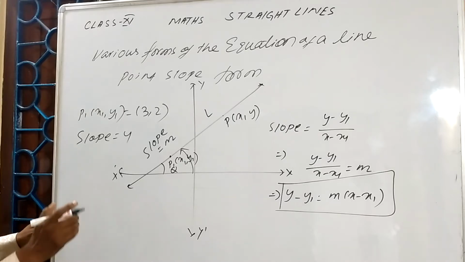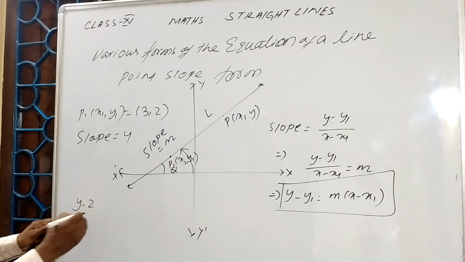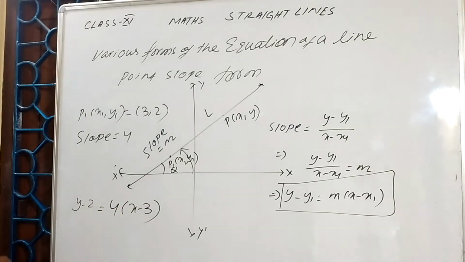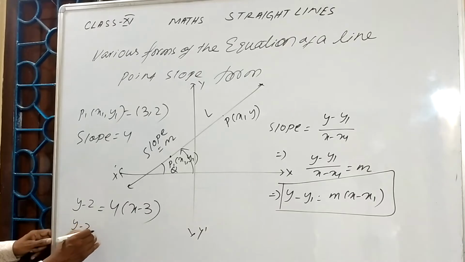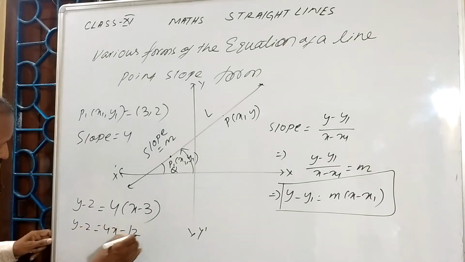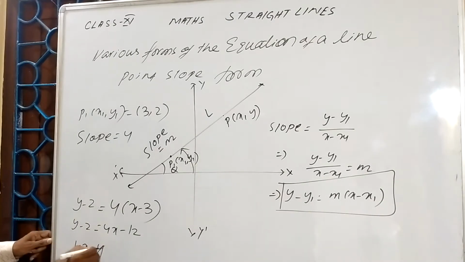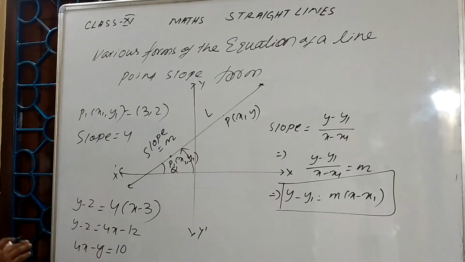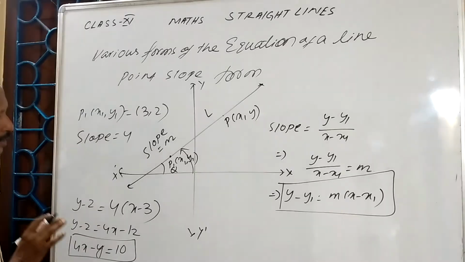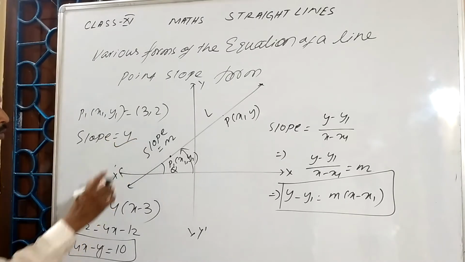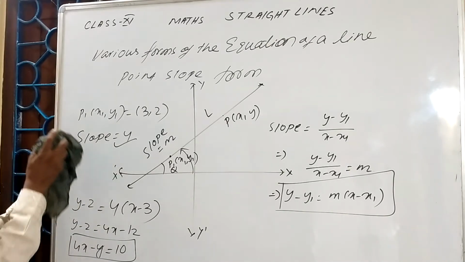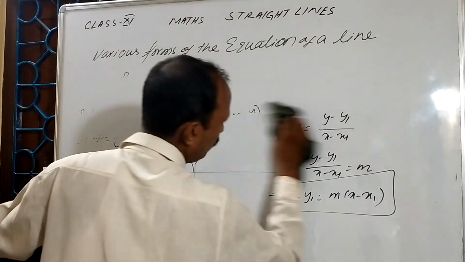The equation of the line will be y minus 2 is equal to 4 into x minus 3, or I can write y minus 2 is equal to 4x minus 12, or we can write 4x minus y is equal to 10. So this is the equation of the line with slope 4 and the point 3, 2. So this is about the point slope form.